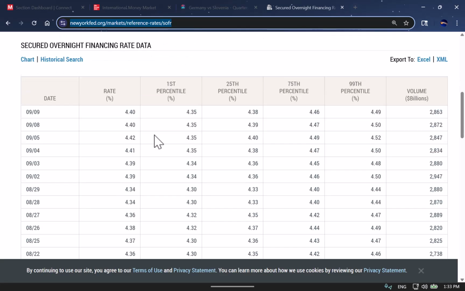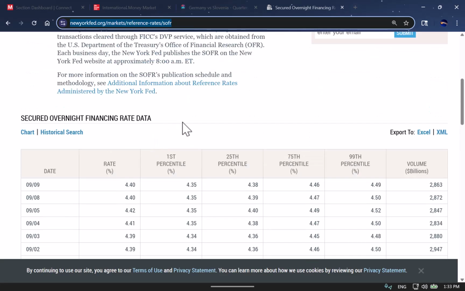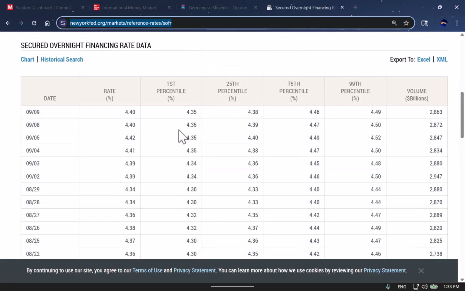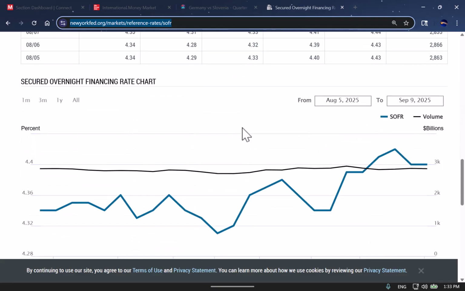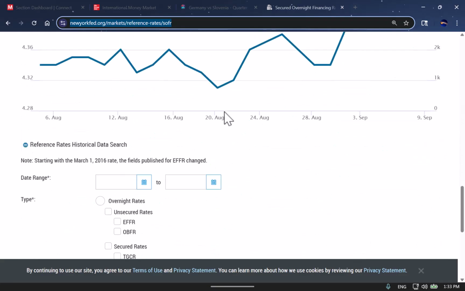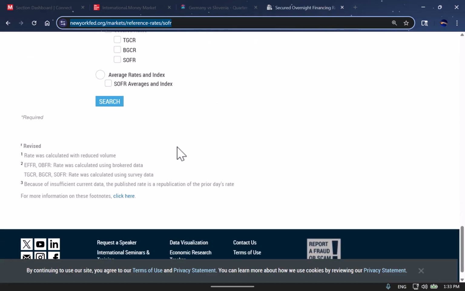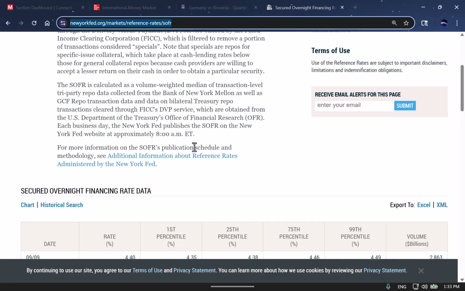Now, this is the overnight rate. And if you want to calculate rates for longer maturities, you can calculate it by daily compounding. I think you could also do it from here. Let me see.